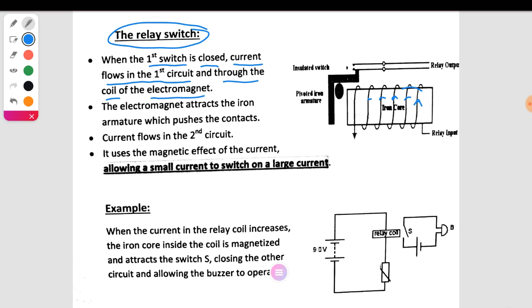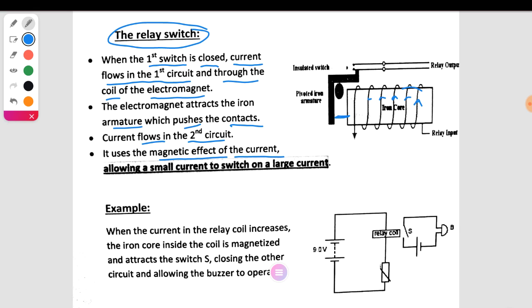The electromagnet attracts the iron armature, which pushes the contacts. Current flows in the second circuit due to the contact. This uses the magnetic effect of electric current, allowing a small current to switch on a large current.